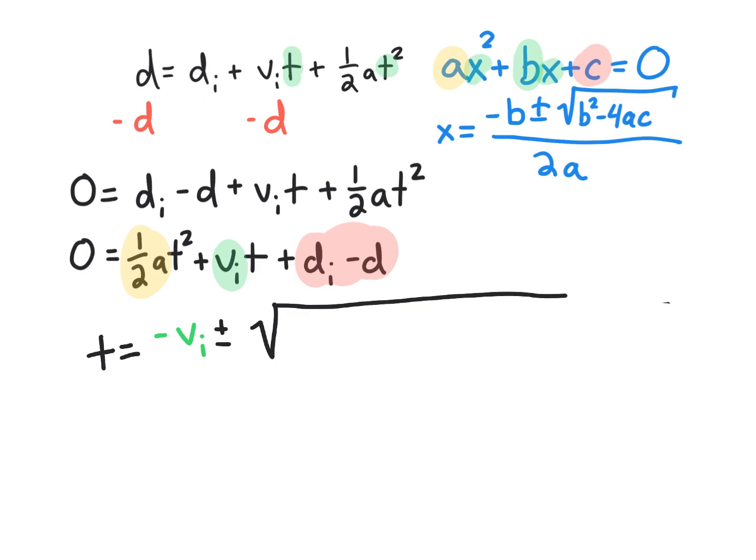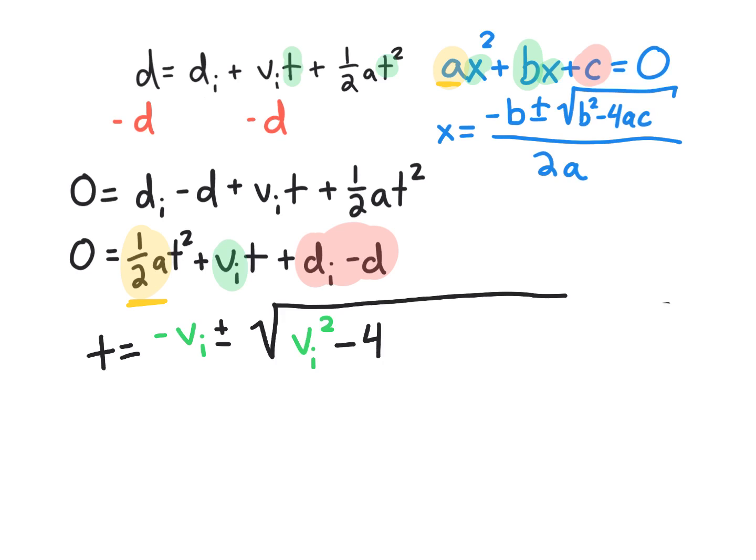Once again, b is v sub I, so v sub I squared, minus 4ac, so 4, and then our a in the formula is half of the acceleration.